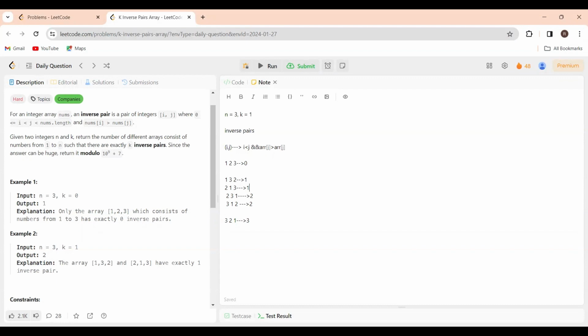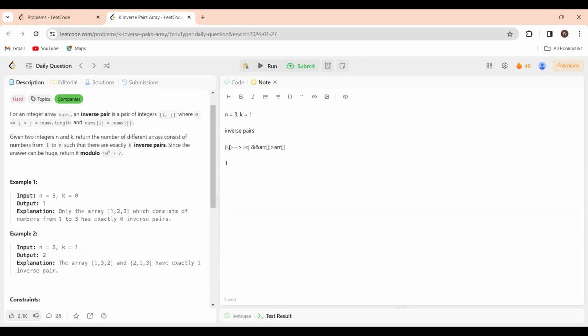So how to achieve this? From this we can observe that if we place one as our starting element, how many pairs can we make by keeping one as our starting element?